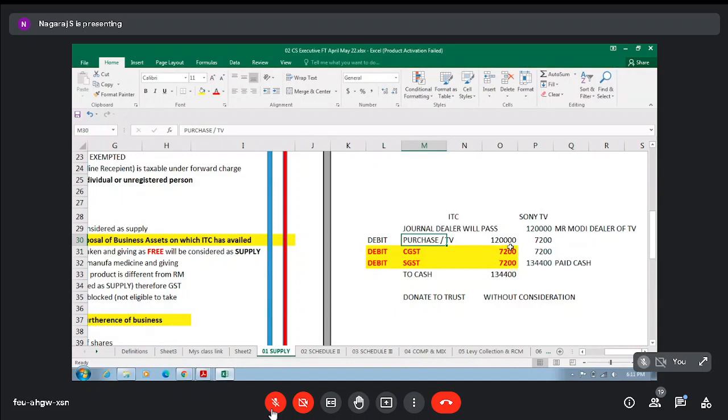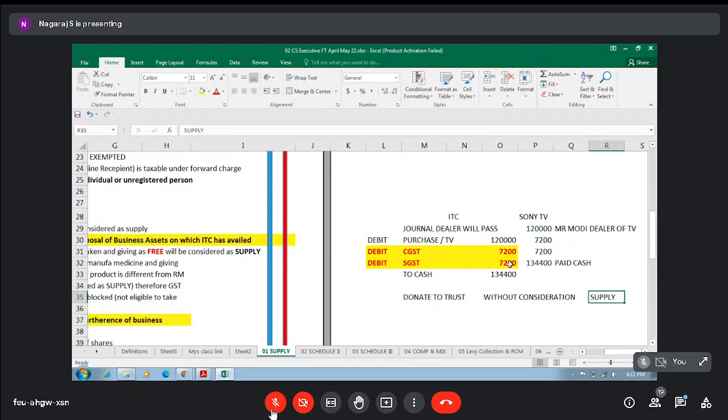Debiting the tax is called availment. Then even if you are donating to any trust without consideration, this becomes supply and you will have to pay GST on this.